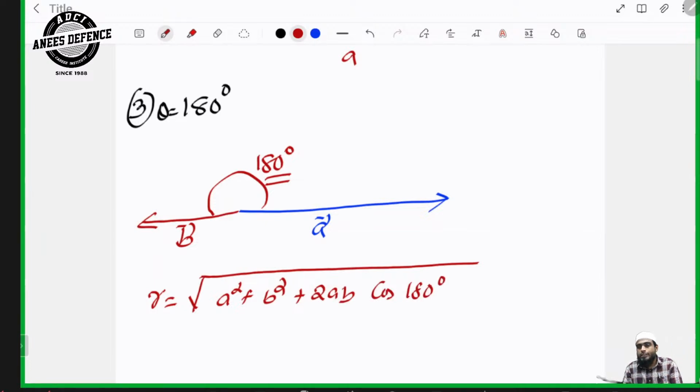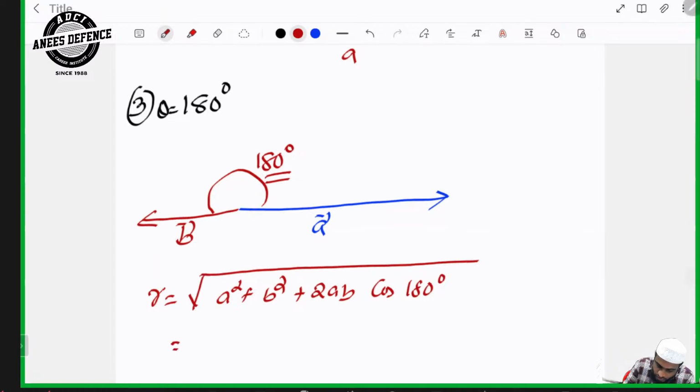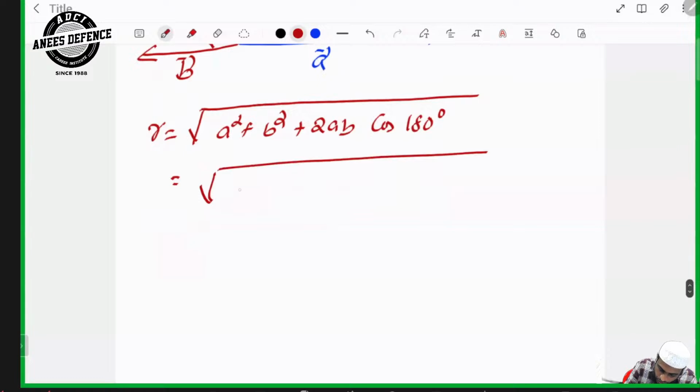What is cos 180? Cos 180 is minus 1. So you can write like this: A square plus B square minus 2AB.